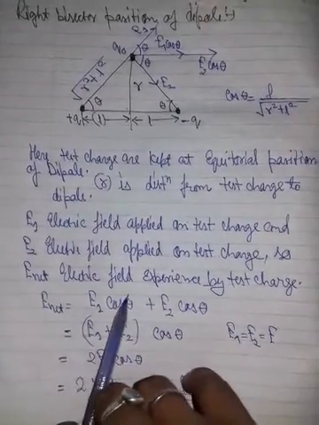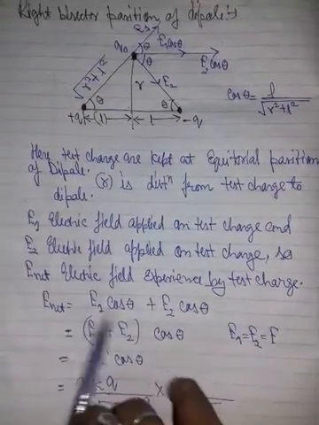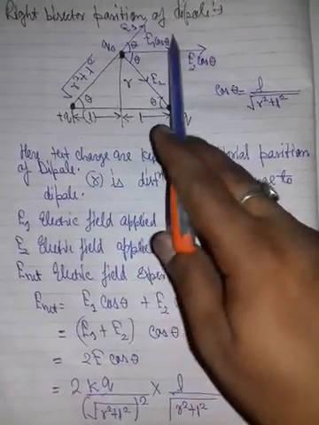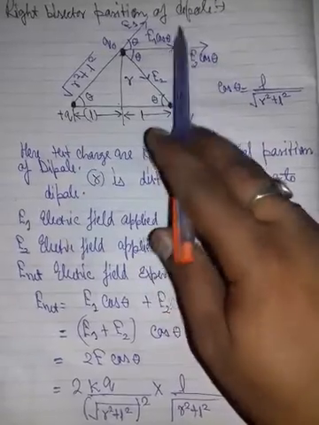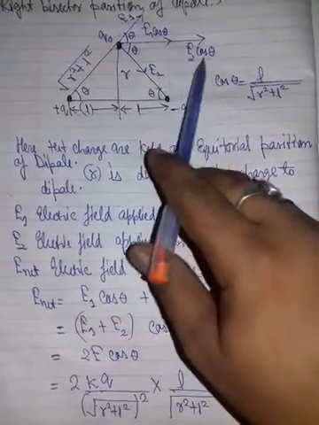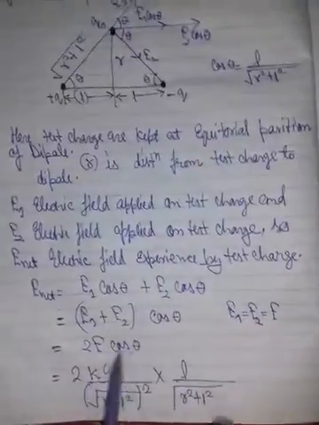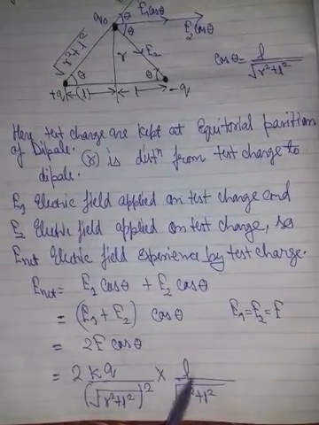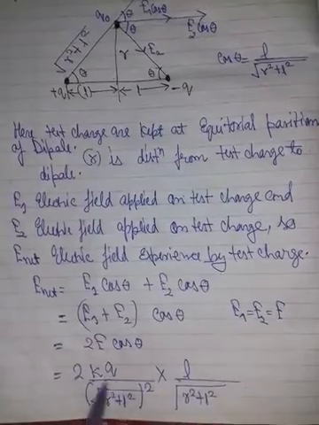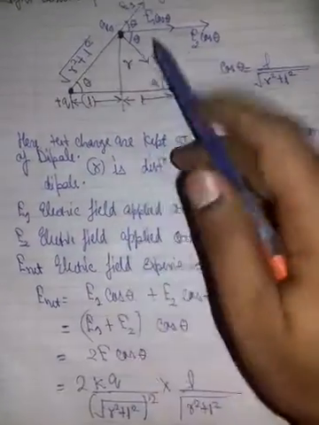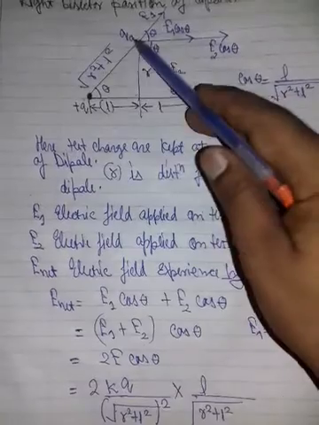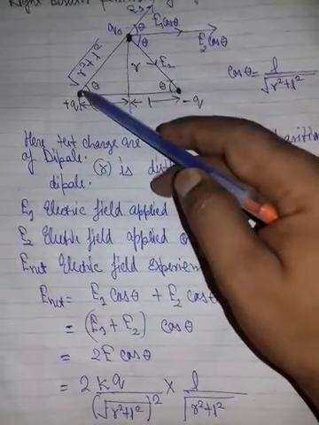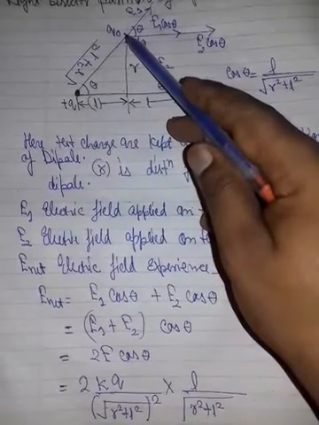So the net electric field experienced by the test charge is simply added, because both components are in the same direction. Putting in the value of cos theta and the electric field value, that is 2k, and the distance from the test charge to the charge by which the test charge experiences the electric field.